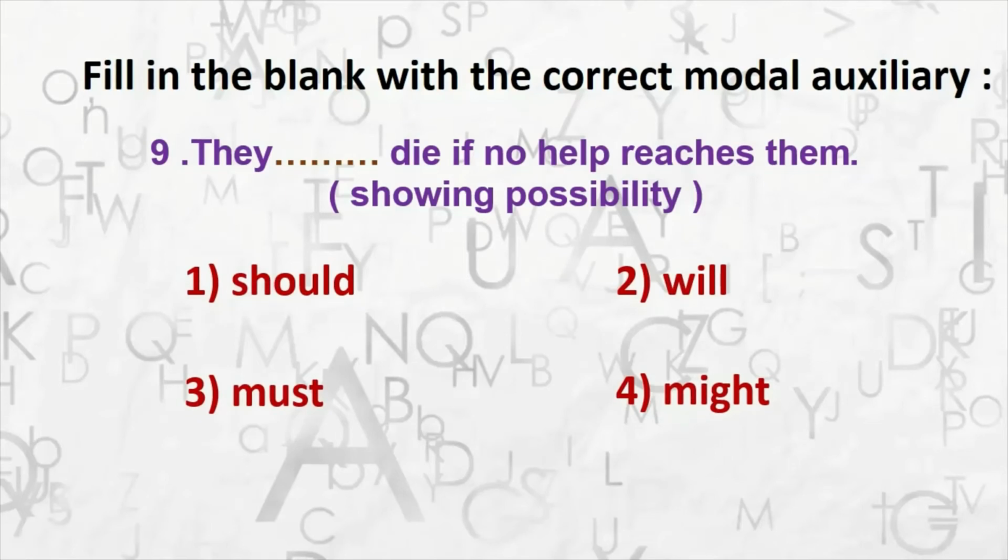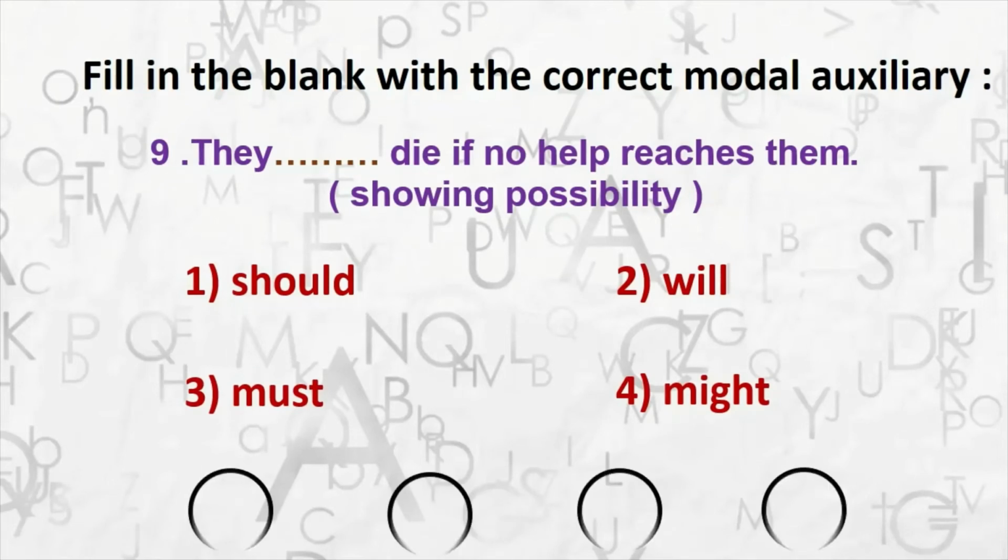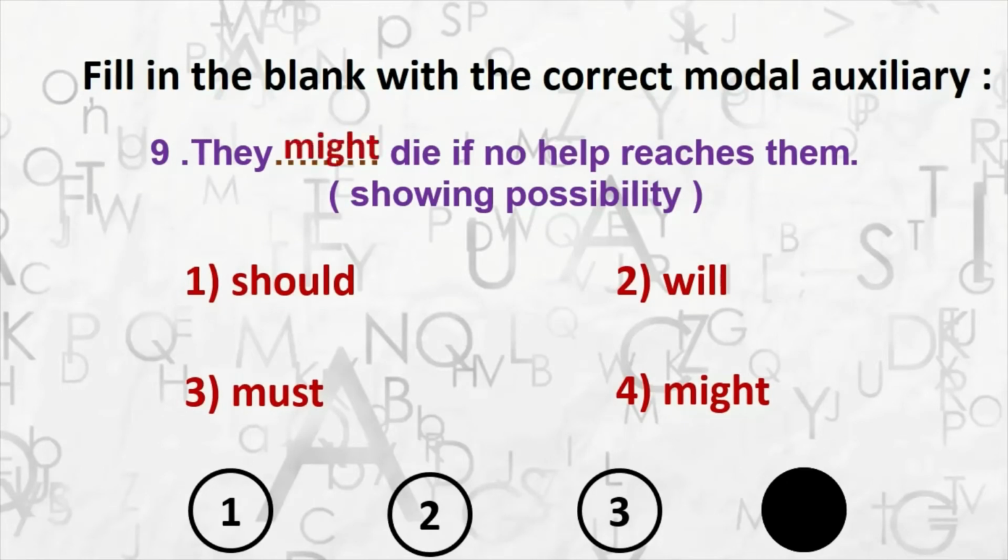They will die if no help reaches them. They must die if no help reaches them. Or they might die if no help reaches them. So which one of these words best indicates possibility? Is it 1, 2, 3 or 4? It is the fourth one, might. So the sentence will read as they might die if no help reaches them.